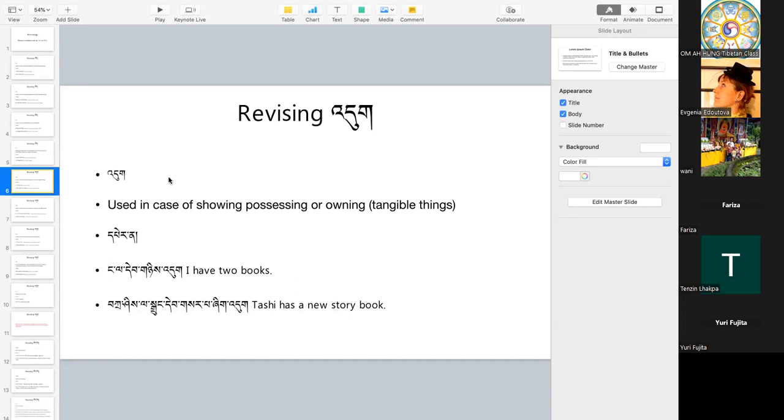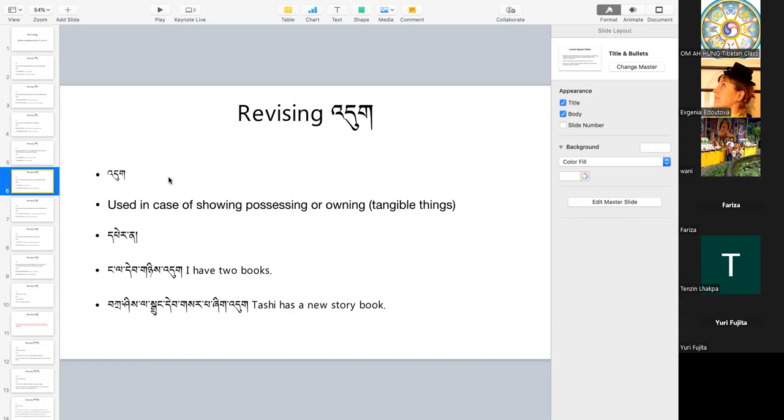So all of these, re, yin, tuk, ye, they confirm things. So in this case, tuk and ye are confirmational particles. So first thing is in the case of showing possession or owning tangible things.